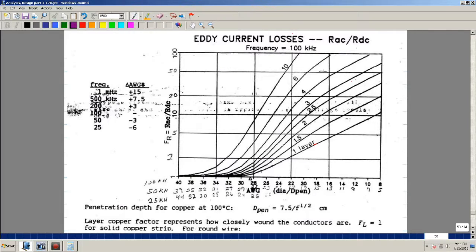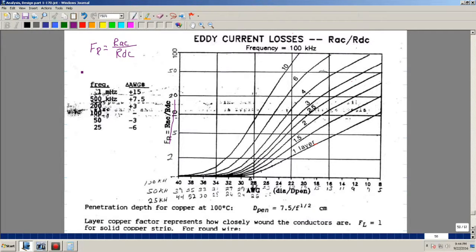Okay. So let's take a look at the y-axis. Here's the y-axis, and it says FR is equal to RAC over RDC. So what does that mean?